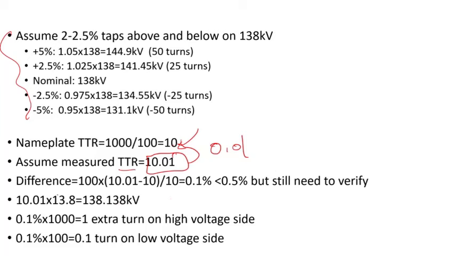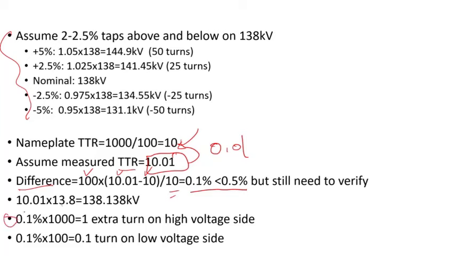So if you take the difference, which is 100 times what you've measured minus the nominal, divided by nominal or nameplate, you get 0.1%, which is still less than 0.5% tolerance, but you still need to verify, make sure it's okay. Now, again, this is just a hypothetical example. It's not an actual. It's just to give you an idea.